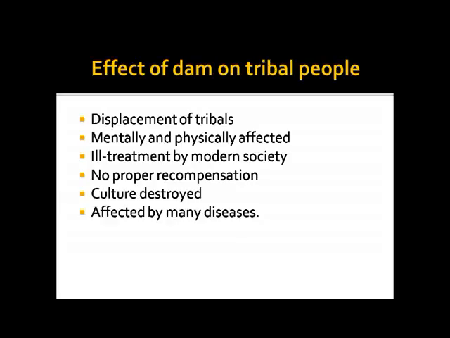And also with this displacement, they usually have to go to a newer place, where they're in touch with modern society, and they're usually not treated very well because these tribals have been born and brought up in the forest. They're very naive people, so society tends to treat them unfairly.